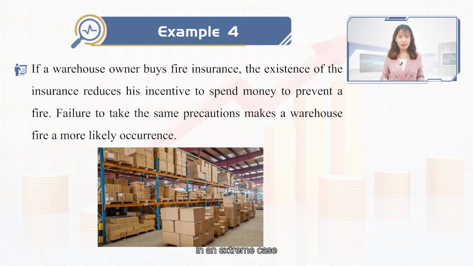In an extreme case, the owner may be tempted to actually start a fire in order to collect the insurance money if the coverage exceeds the market value of the warehouse. This is an example about the moral hazard problem. Because of this potential moral hazard, insurance companies may limit the amount they will insure or simply refuse to sell fire insurance under certain circumstances.